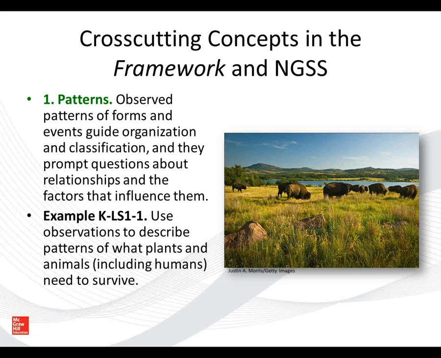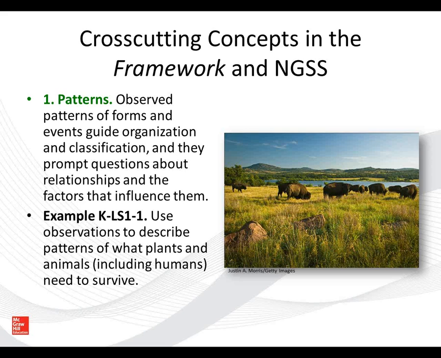Okay. So what I'd like to do now is go through each of the cross-cutting concepts with some examples. Now, the examples I've chosen are elementary, but these apply just as well at the middle school and high school level. The idea of them really is very similar. So for the first one, patterns, observe patterns of forms and events.